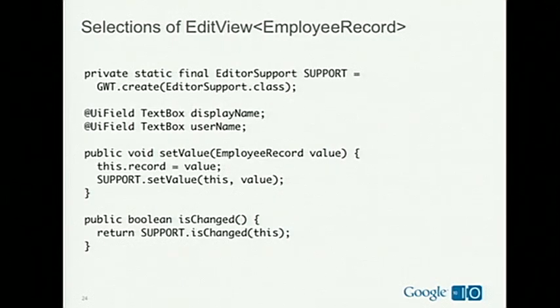So this is when I hinted at the beginning that if there are contradictions between what our friend Daniel said in his testing talk and what I've said right now, here's a spot where I suspect that we are aiming at the wrong layer. The way the code is generating itself right now, and what I'm implying here, is that you've actually got a fairly complicated view class that knows about your value object. You can cram a value object into it, and it can do all kinds of display, let the user mess with things and pull it back out again.